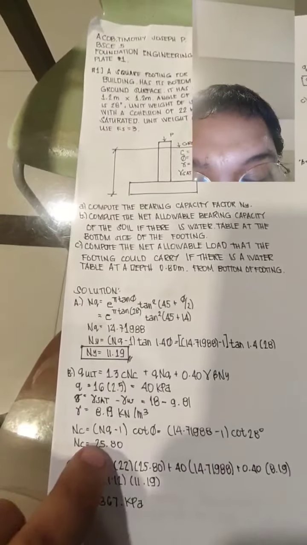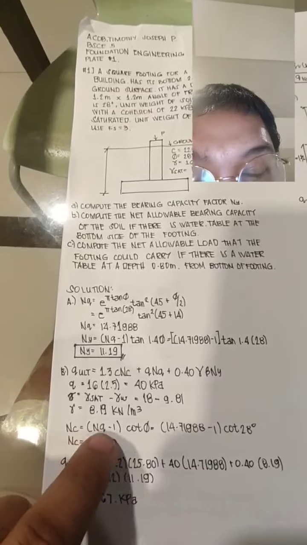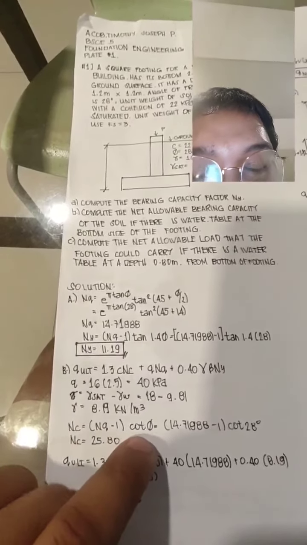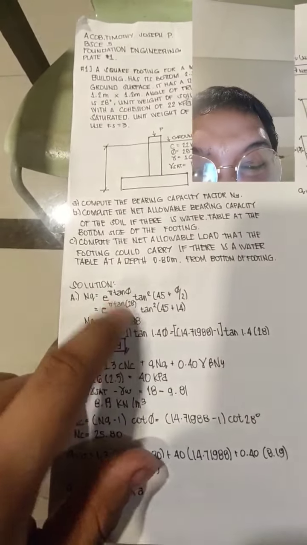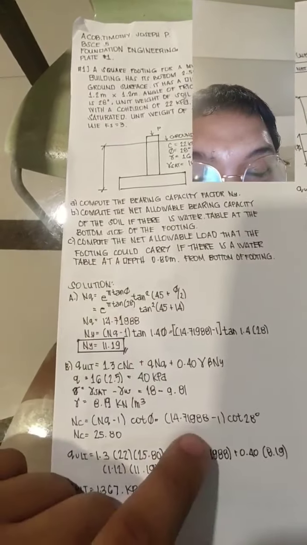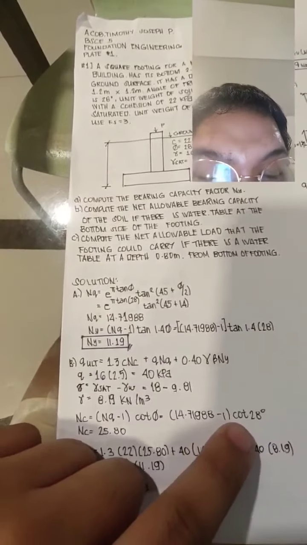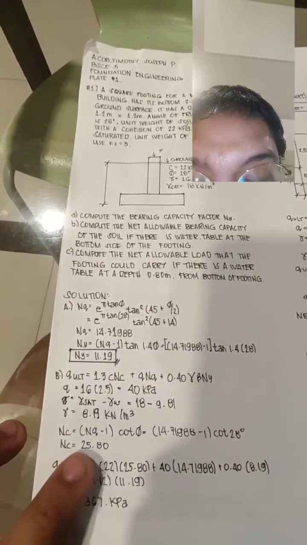And here, Nc equals (Nq minus 1) cotangent theta, which is 14.71988. That is our Nq, which we will use here, less 1 again, cotangent 28 degrees. The 28 degrees is given. Nc equals 25.80.